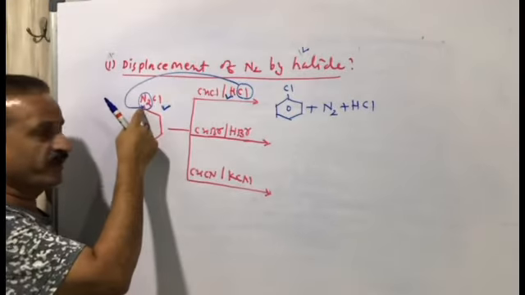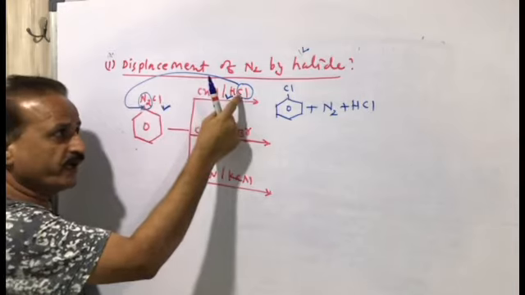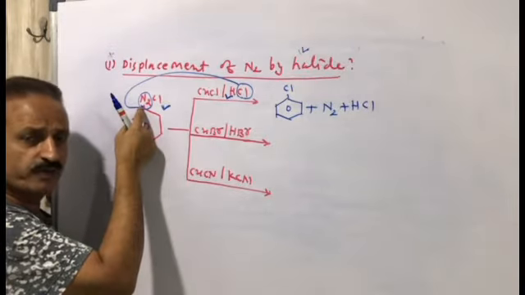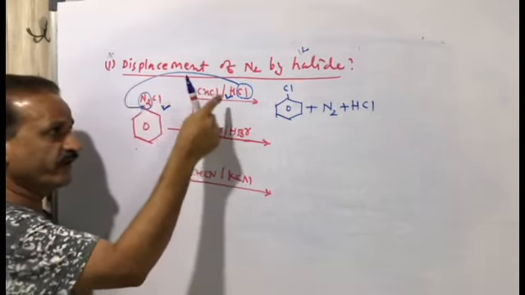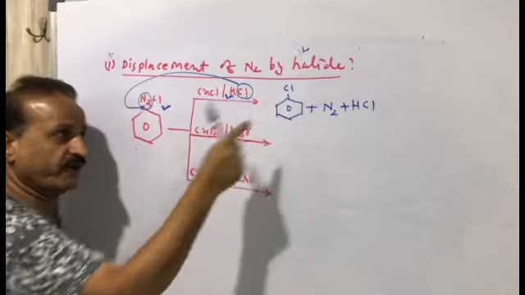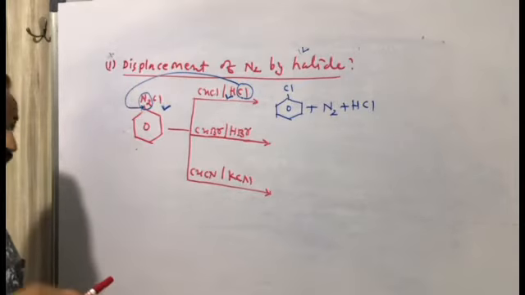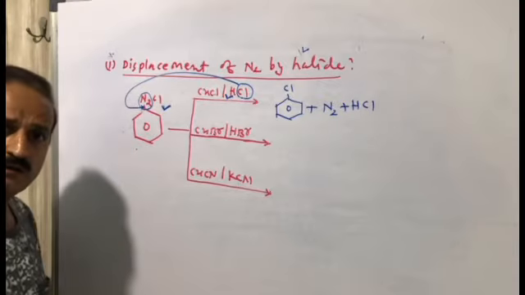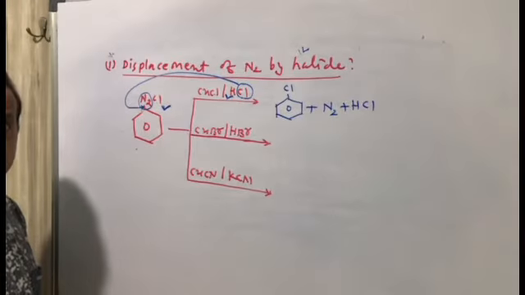Direct chlorine is not attached over here. This chlorine makes displacement of the diazonium group, then N2 will release and this Cl will react with this H and we are having HCl. This method can be understood easily by displacement of N2 gas by Br.